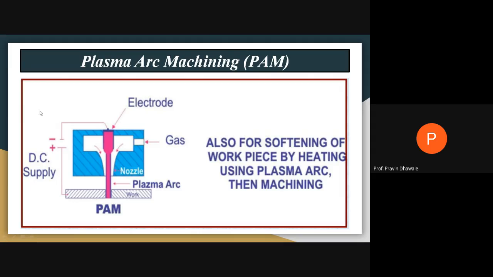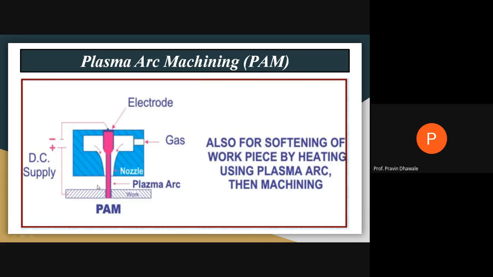This is the block diagram representation of plasma arc machining. This will be the plasma. We supply the electric DC current. This will be the electrode, and this is some neutral gas, an inert gas, passing through this nozzle.